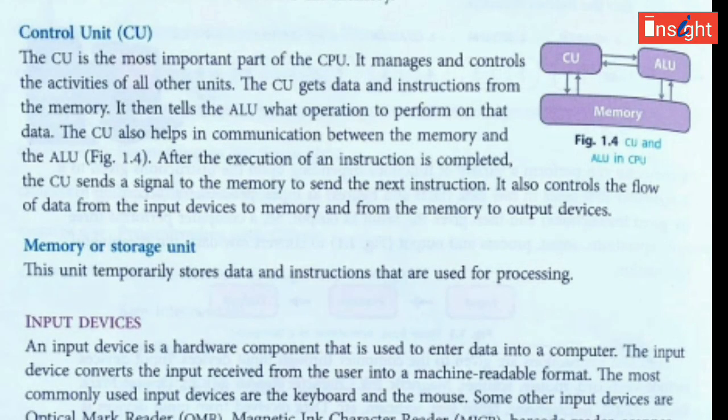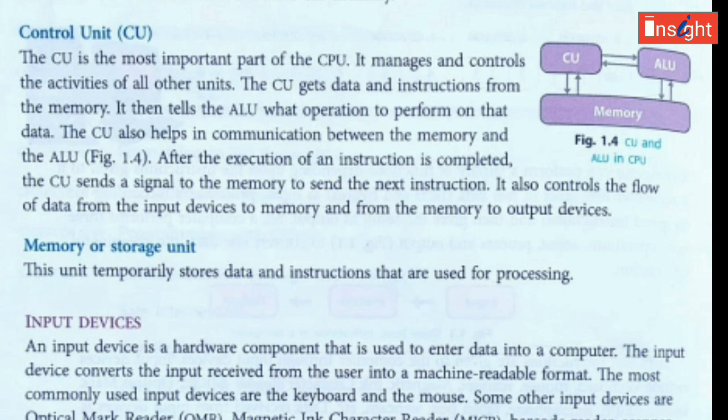After the execution of an instruction is completed, the control unit sends a signal to the memory to send the next instruction. So instructions are always sent when the control unit asks the memory unit to send the instruction. It also controls the flow of data from the input devices to memory and from the memory to output devices.